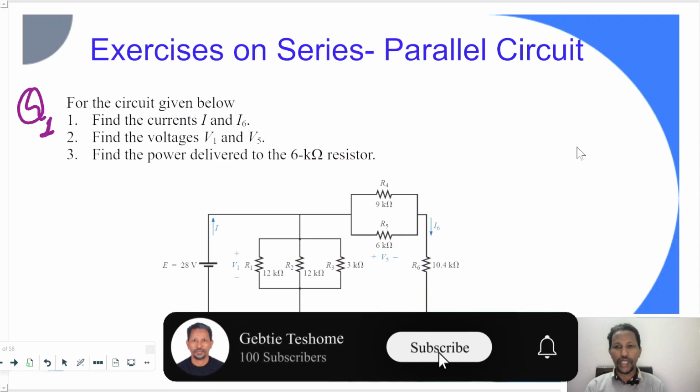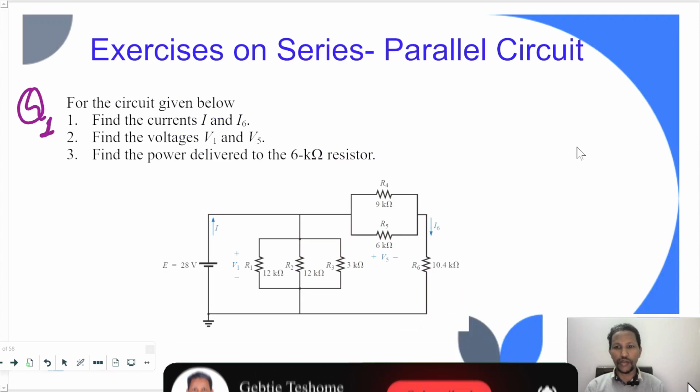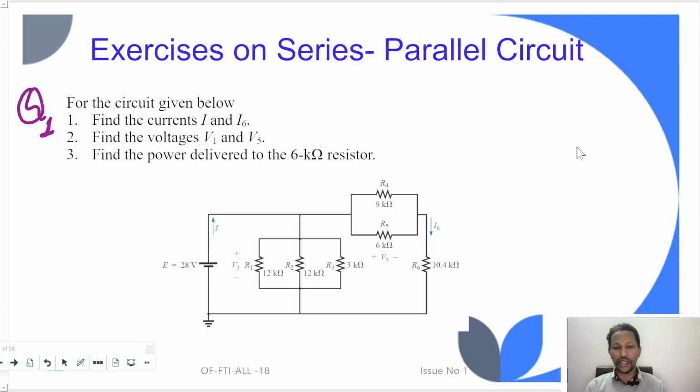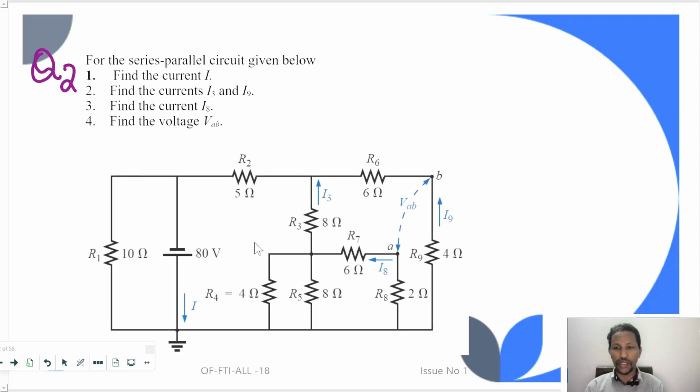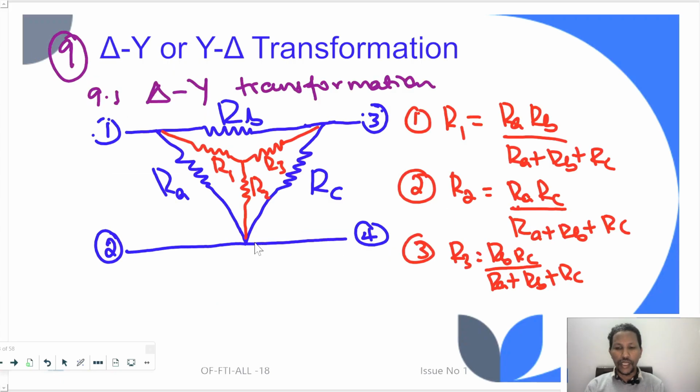In some exercises on series parallel circuits, certain elements are connected in parallel and the others in series, so we can obtain the voltage across an element or the current through an element. The previous one is 1, and this is the second representative equation, which represents series parallel connection.